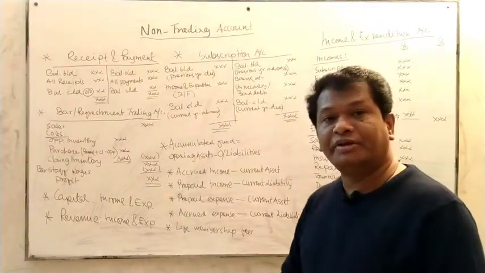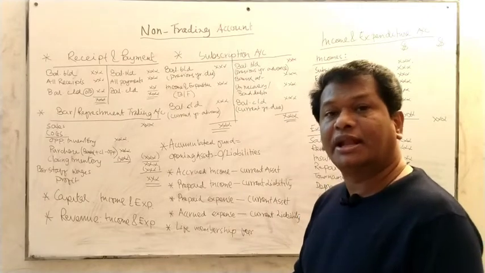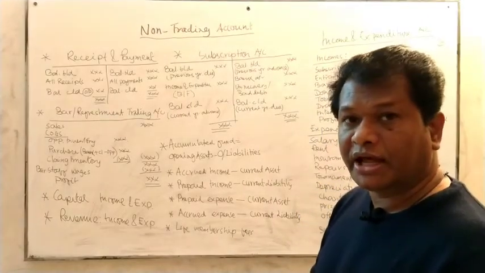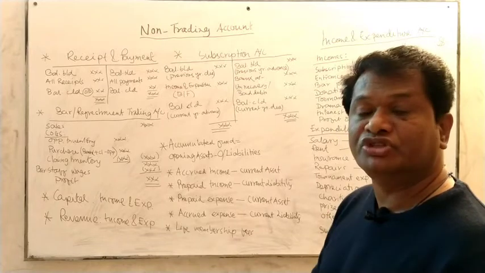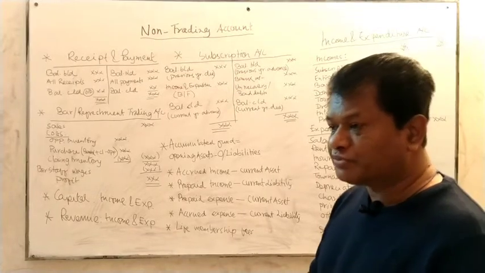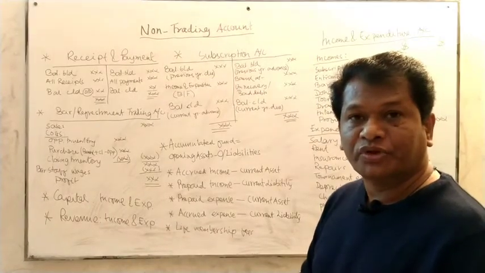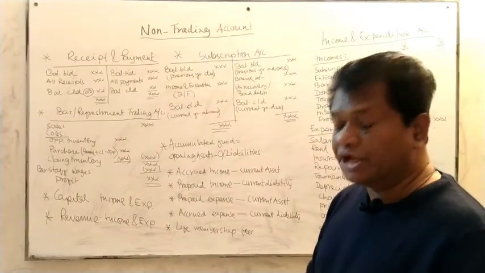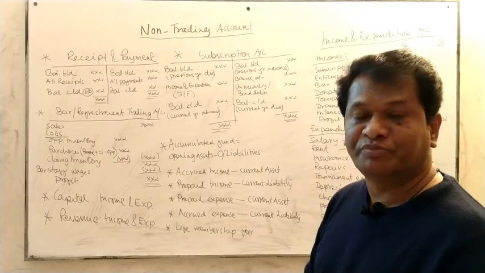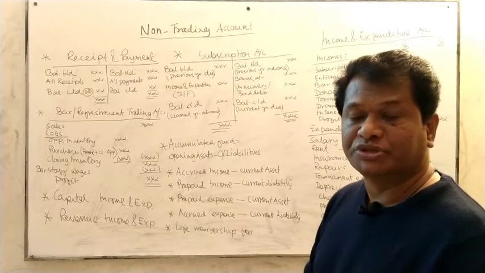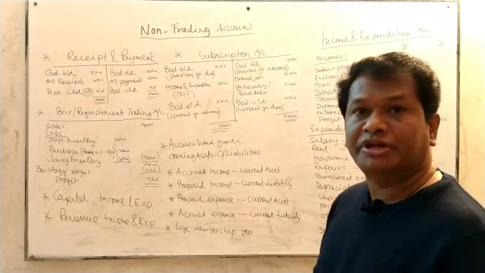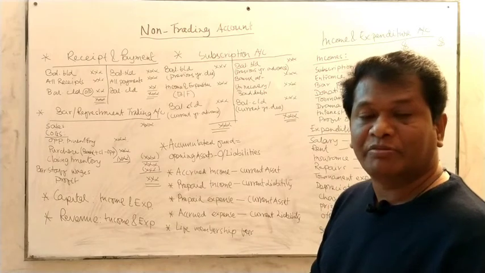One of the major items in the non-trading concern is the life members fees. What is life member fees or subscription? Some of the organizations introduce life membership fees, life membership subscription. It means maybe 10 years or 20 years life membership fees.